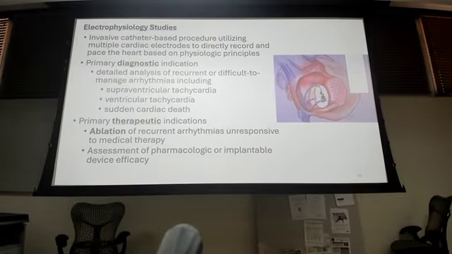Then we talked about an electrophysiologic study where basically we access the right side of the heart, we place these wires, and we can interrogate the conduction system. So if I have a patient who has an arrhythmia that comes and goes, I can do this study to diagnose the condition.